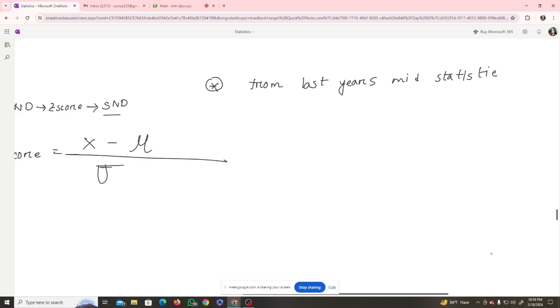So we got some data from the examination of statistics that happened last year, and we found a normal distribution with mean of 60 and the standard deviation here is 10. So from this value, can't we draw a normal distribution? Suppose these are the scores of the statistics examination that happened last year.